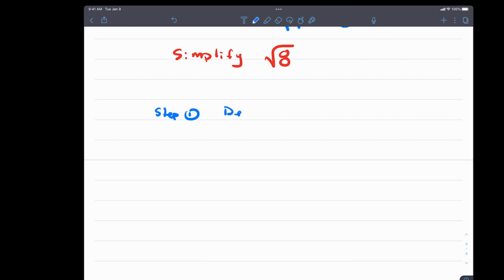You're going to determine the largest perfect square that divides what's under the radical.